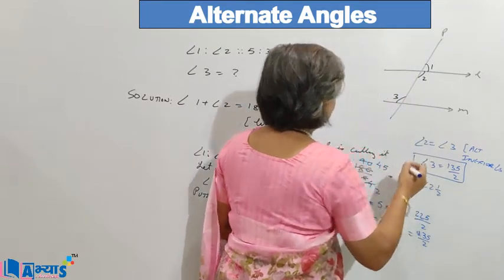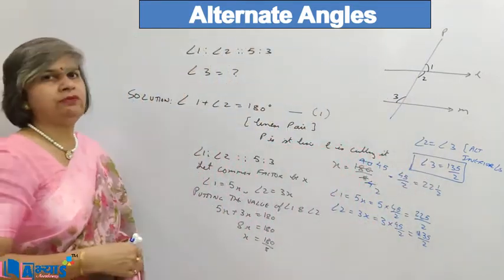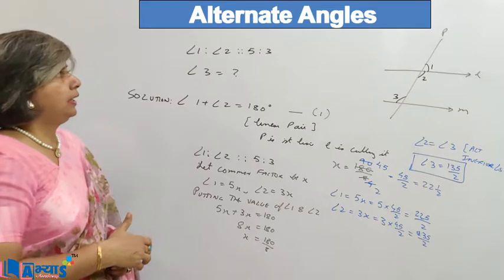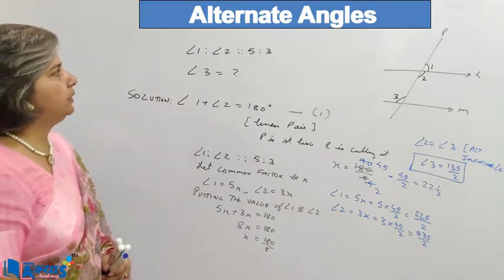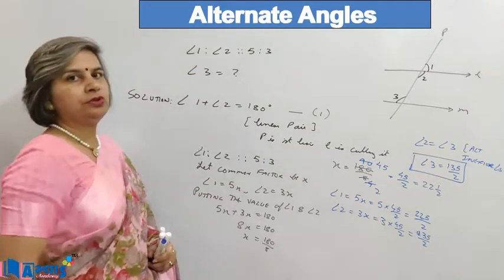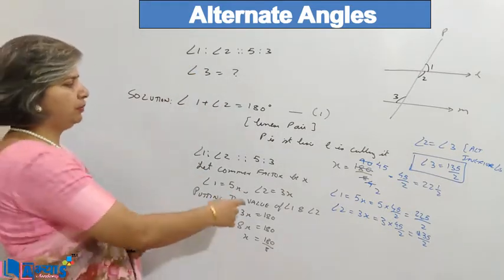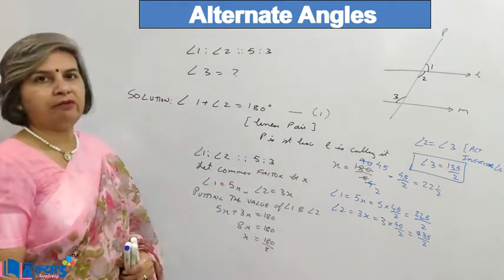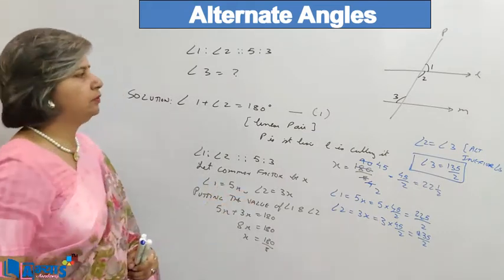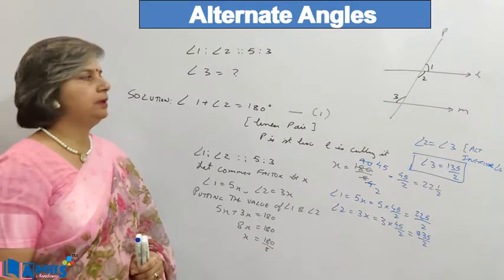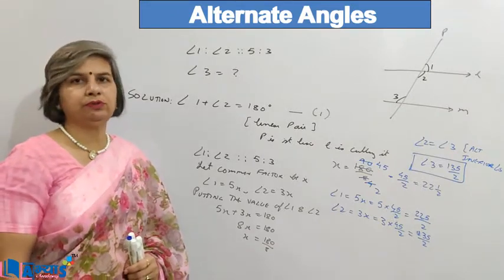This is how we can find the angle 3 when we are given a relation between angle 1 and angle 2, and the relation is they are in the ratio 5:3. Now when the angle 1 and angle 2 are in the ratio 5:3, we have taken a common factor x, and so angle 1 will be 5x and angle 2 will be 3x, using the concept of linear pair, that angle 1 plus angle 2 is equal to 180 degree.